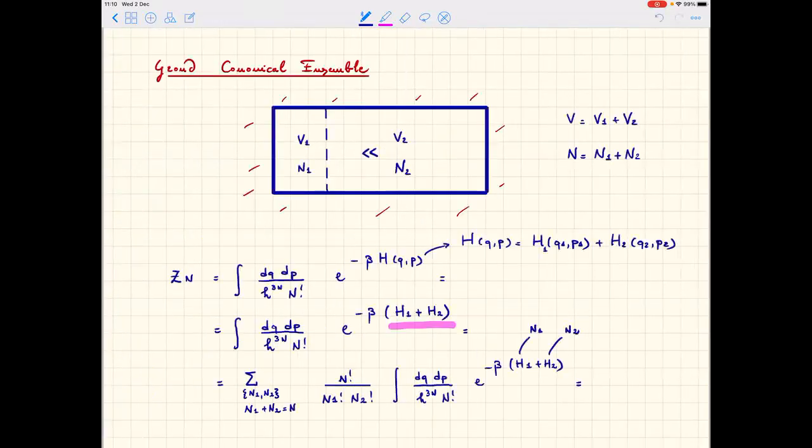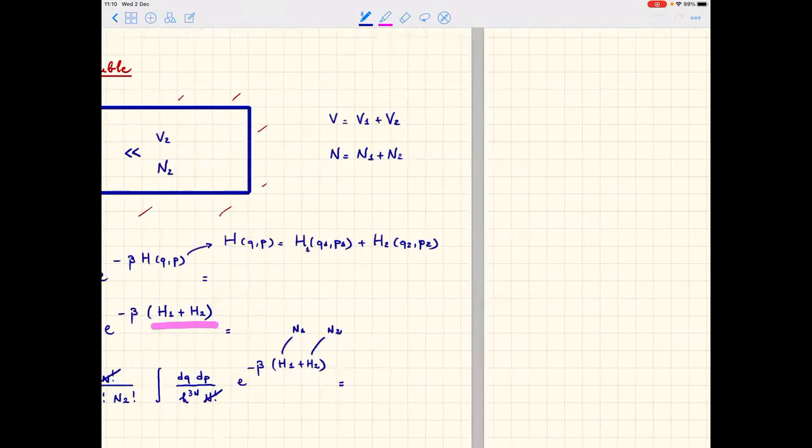So in practice, I can rewrite this expression in a better way as follows. First of all, I can simplify this N factorial with that N factorial. And then I can rewrite this expression as follows.